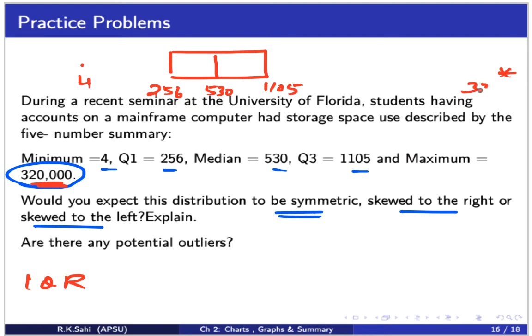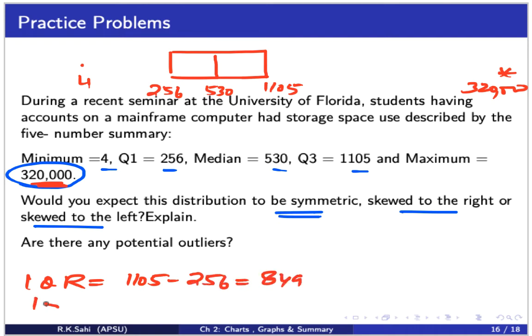It's definitely a potential outlier. We don't even have to worry about that. It's so logical. But 4 is something I like to still do a little math for in terms of the lower limit. So the IQR we found to be 1105 minus 256, which is 849.